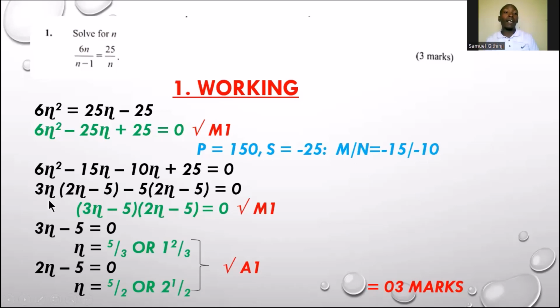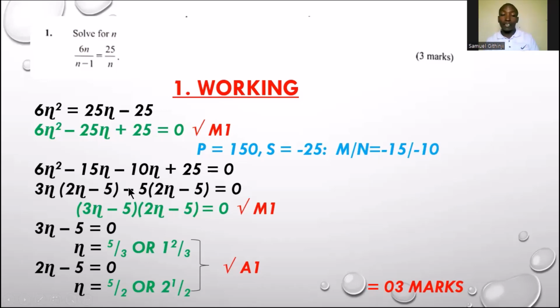Having done that, now I can do the factorization. For the first two terms, 3n is a common factor, and n minus 5 remains in the bracket. For the other two terms, 5 is a common factor, and n minus 5 again remains in the bracket. Remember, if I factor out a negative, what was a positive becomes negative, and if it was a negative, it becomes a positive.